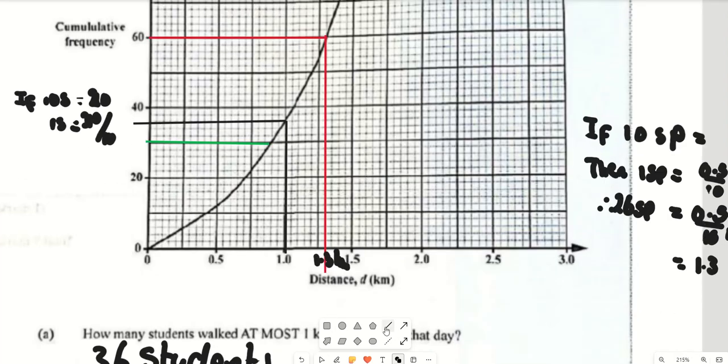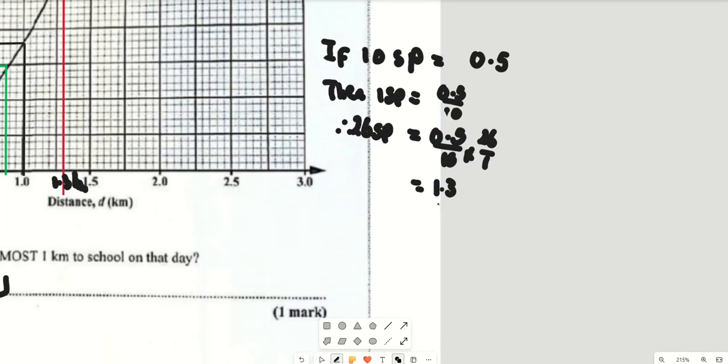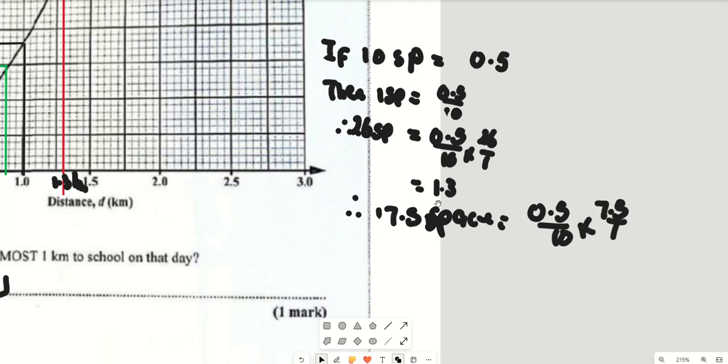Let's use green. And I'll zoom up. Alright, so we're going to make a next line, and this line is going to be coming down like this. Now, you need to pay attention because this line is actually coming down in between that space, right? So it will be 5, 10, 15, 16, 17.5. So we know, therefore, 17.5 spaces would be 0.5 divided by 10 multiplied by 7.5 over 1. Right?